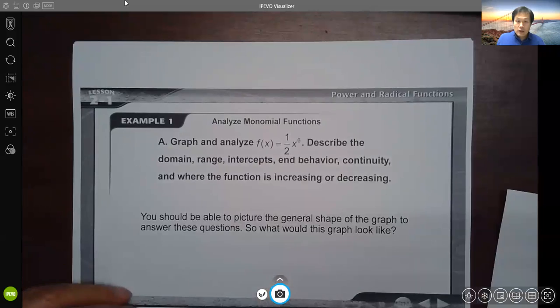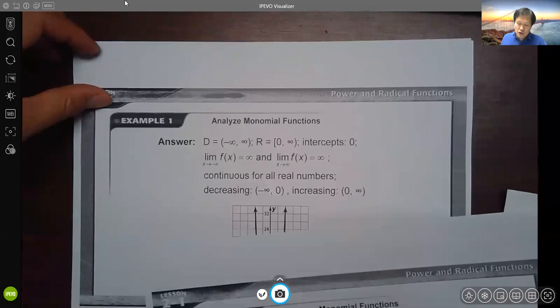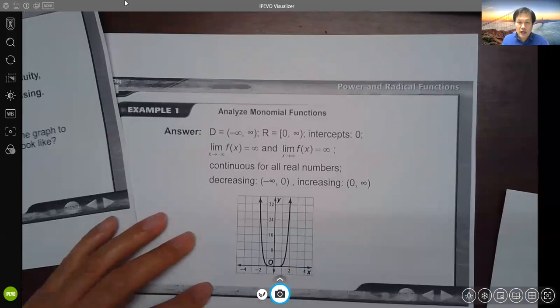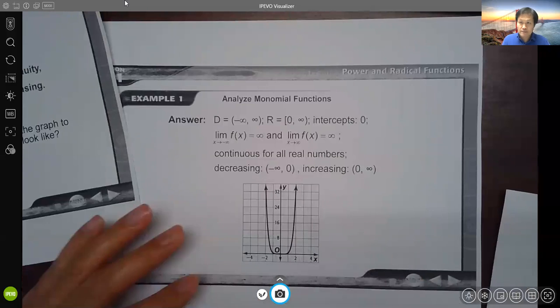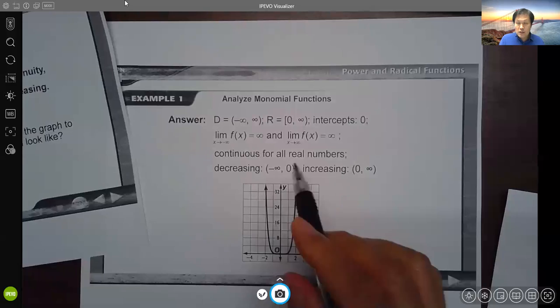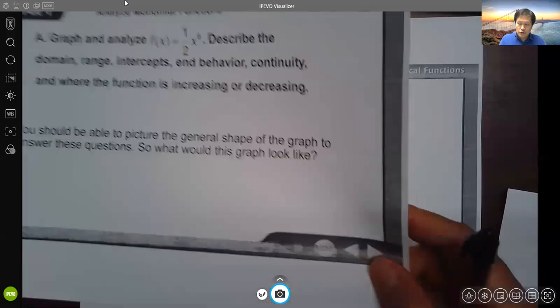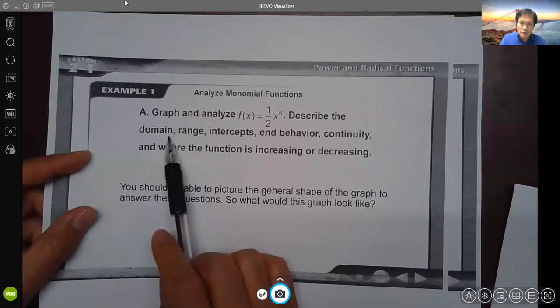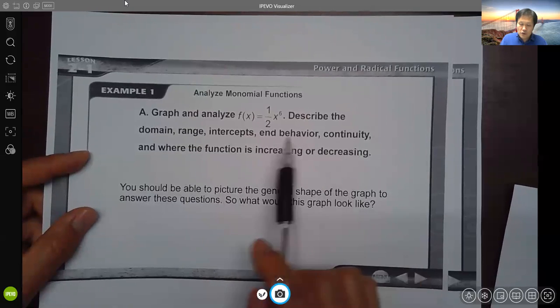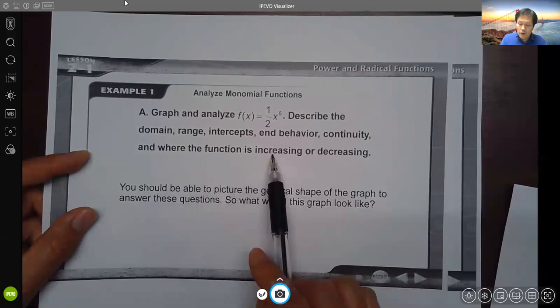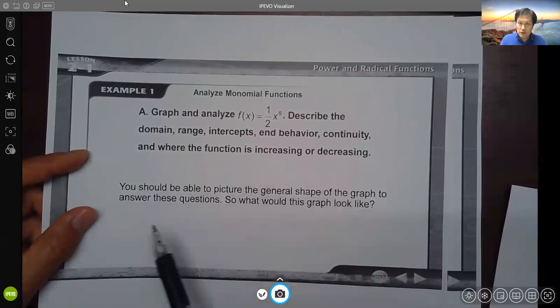If you graph it using a graphing calculator, the exact graph would look something like this. Knowing that, I can ask you to describe the domain, range, intercepts, end behavior, continuity, and where it's increasing and decreasing.